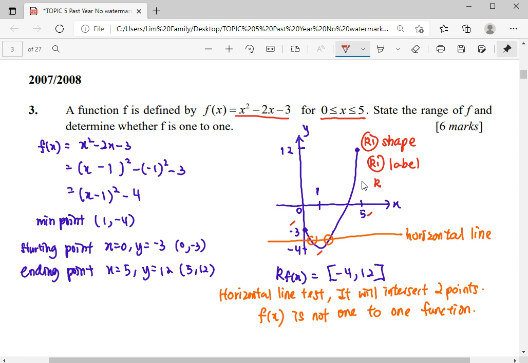And then another mark for completely labeling the x-axis, all labeled correctly. Then proceed to your question of range. This is our answer, negative 4 to 12 included, because the minimum point and ending point are included from the question. Then the concept of the horizontal line test gives us the conclusion: this is not one-to-one.